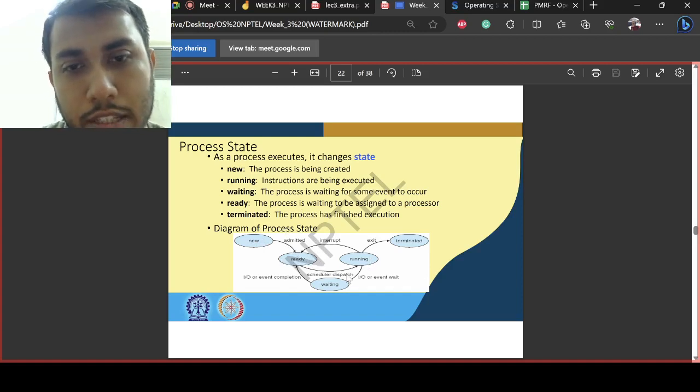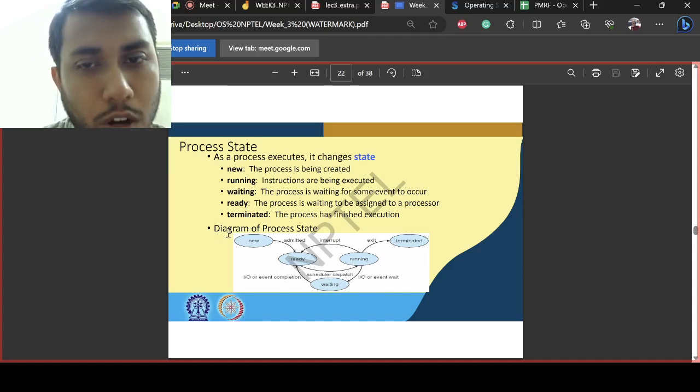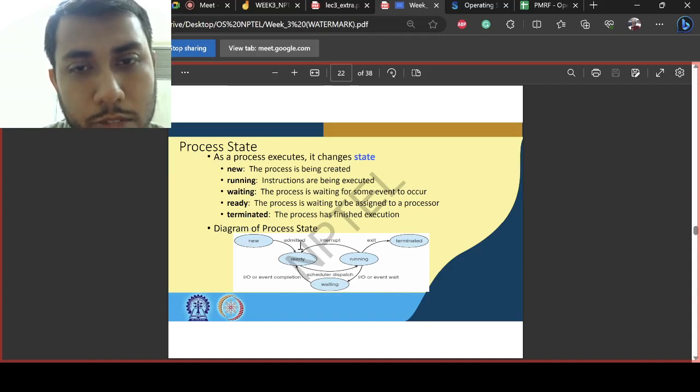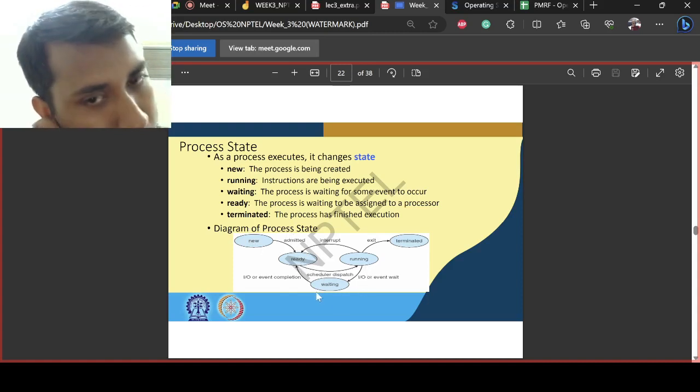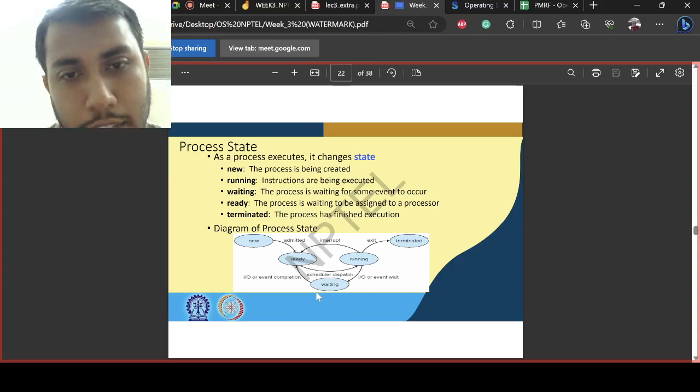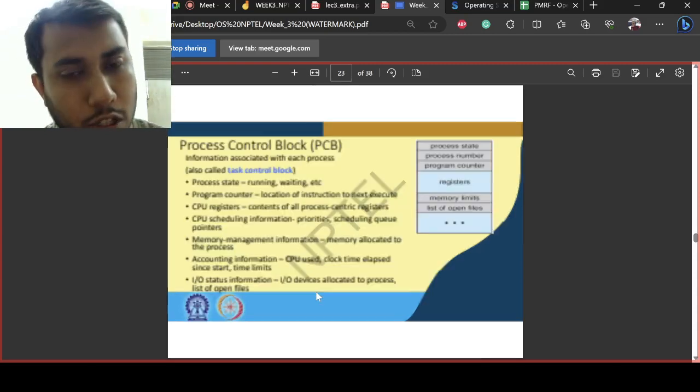This ready to running state is your short-term scheduling, and this is your IO scheduling. These are the three types of scheduling. Always remember: new to ready is long-term scheduling, ready to running is short-term scheduling, and running to, let's say, IO and all, is IO scheduling.